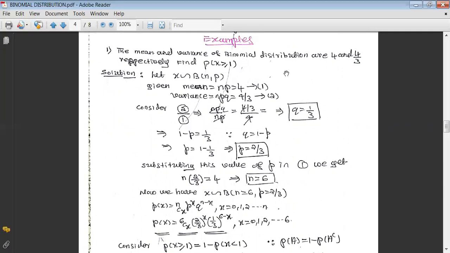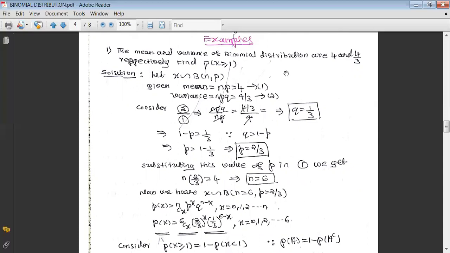And one thing must be kept in mind while solving the examples on probability distribution: in order to write the probability mass function or probability density function, knowing the parameters is a must. Using the given information, first of all, we must find the parameters of the distribution. In this case, we are discussing binomial distribution.